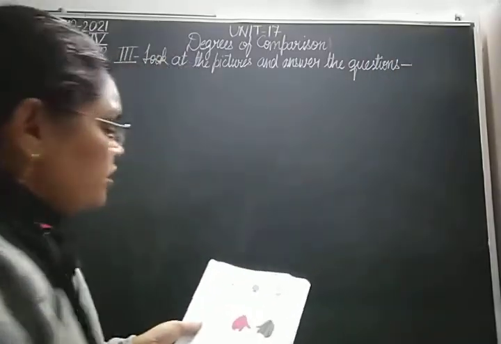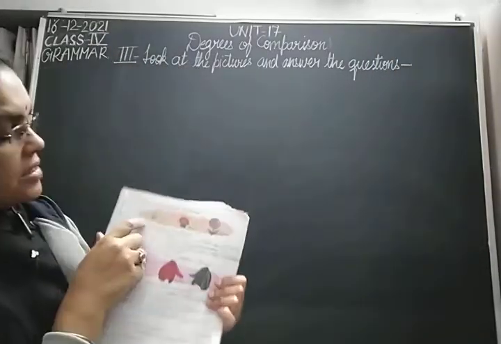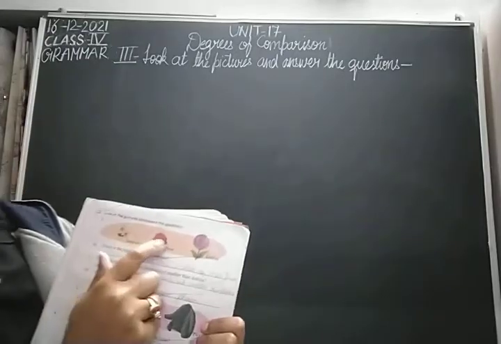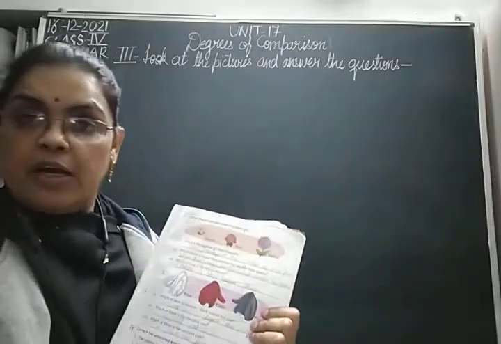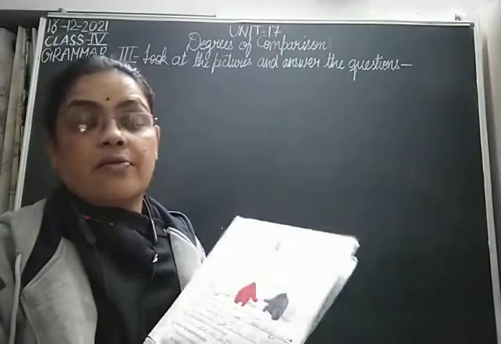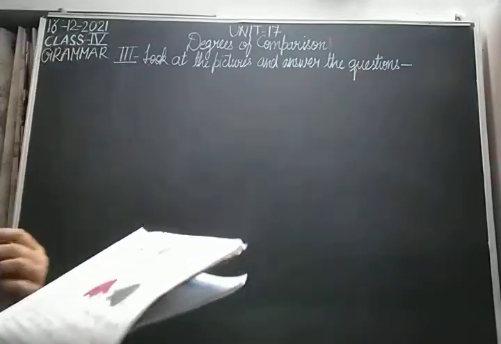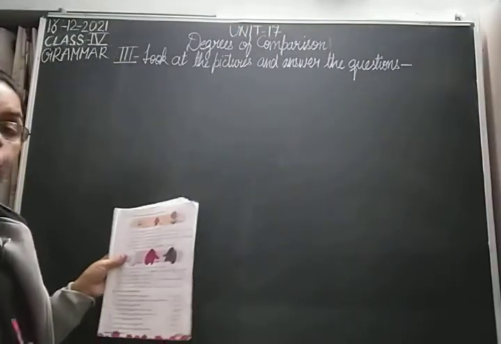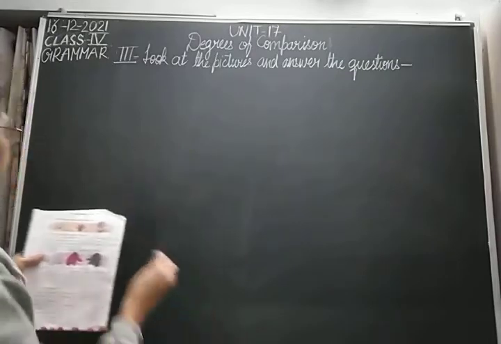Okay, now in the picture, what can we see? We can see jasmine flower, rose flower and dahlia flower. You can see the 3 different types of flowers, and all these flowers vary in their size.